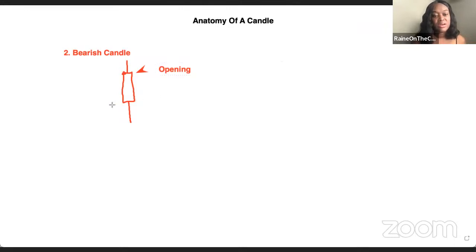And here, that's the opening, that's the closing of the candle. And I drew the wick on both ends so you can see that the wick is not just going to be on one side. There can be no wick, there can be, it's just going to vary.